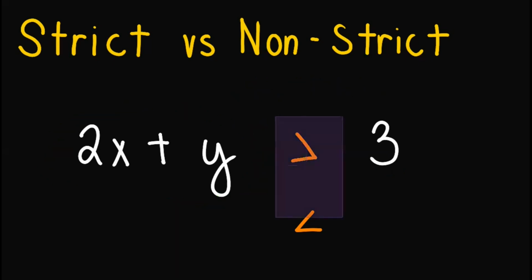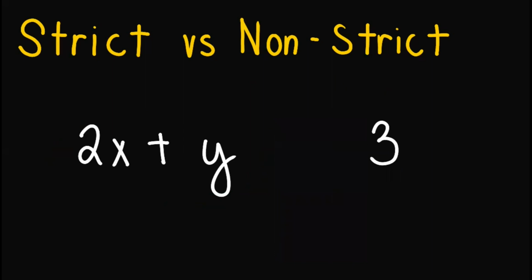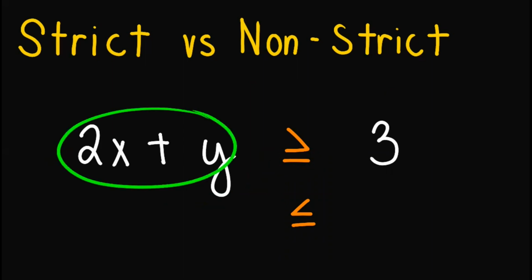Now, when we say an inequality is non-strict, then we can have either greater than or equal to, or less than or equal to. The presence of the equal sign out here is the reason that this inequality becomes non-strict, since 2x plus y can now be equal to 3.